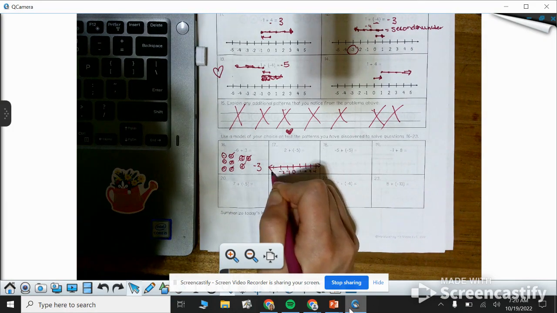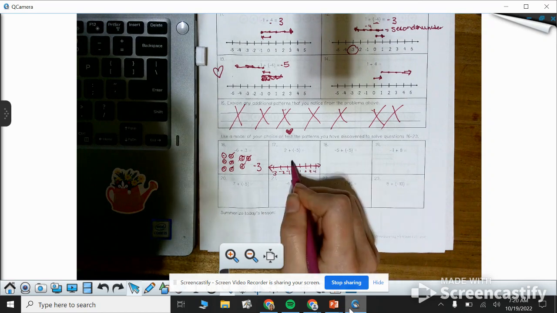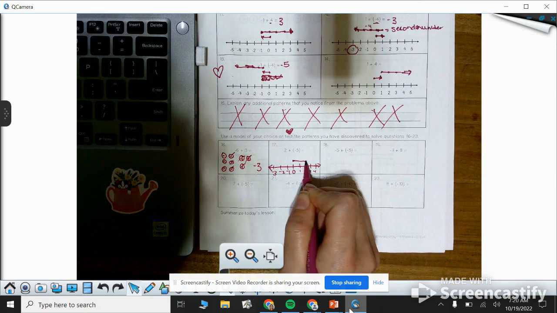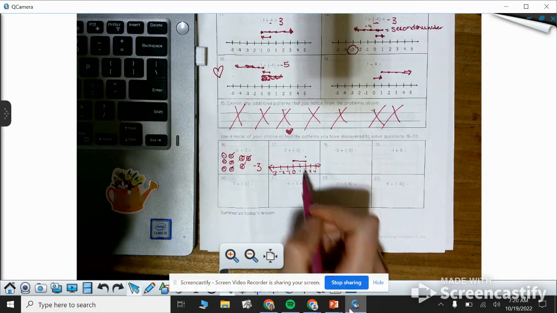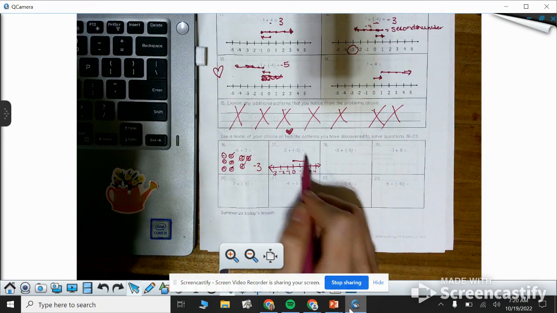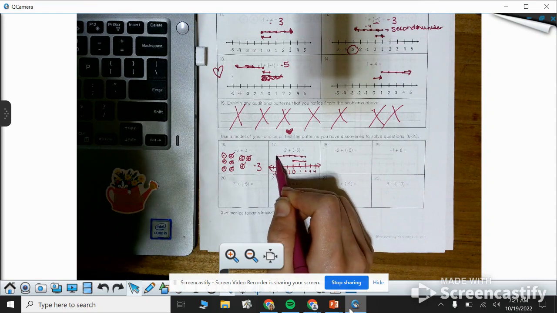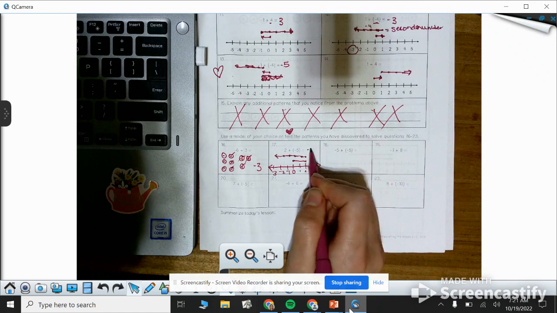Draw my number line. It says go up 2, so I start at 0, and I go +2. Then it says for my second line, I need to go back 5. So 1, 2, 3, 4, 5. And I land on -3.